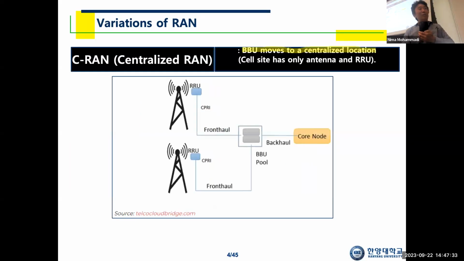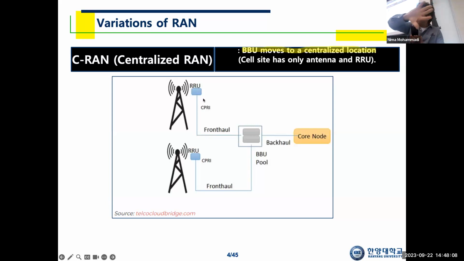Now, borrowing the state-of-the-art technology from the semiconductor industry, we can implement all the baseband signal processing functionalities required on many base station systems at one place, which is denoted as BBU pool, and that is normally installed at a separate, more centralized location, separately from the cell site. In this structure, you have just antenna and RF transceiver at each cell site.